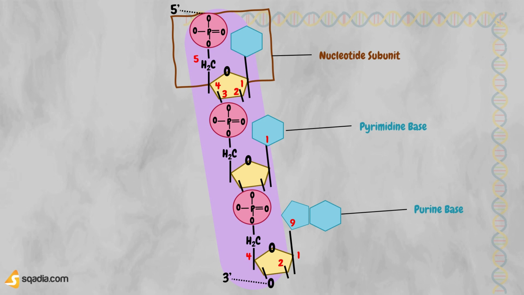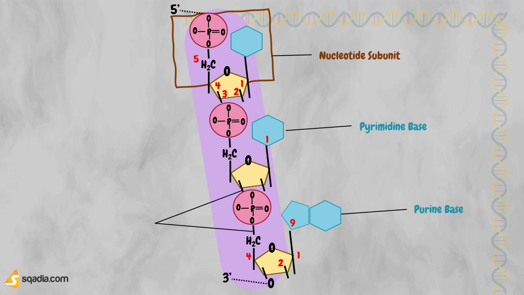The backbone of the polynucleotide chain consists of an alternating series of pentose sugar and phosphate residues. The chain is formed by linking the 5' carbon of one pentose ring to the 3' carbon of the next pentose ring via a phosphate group.